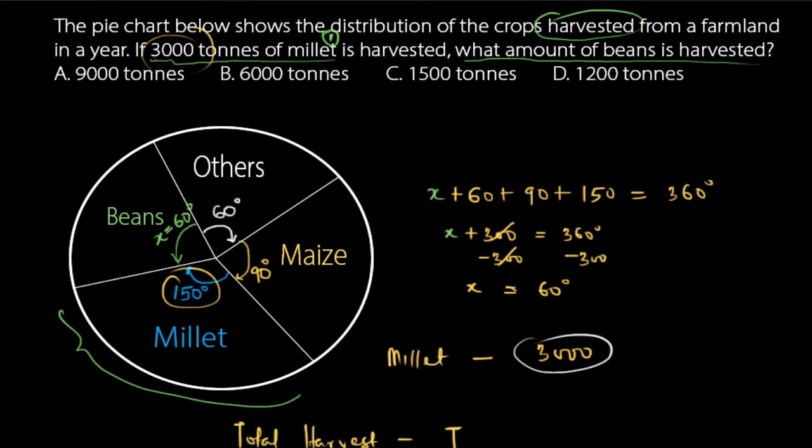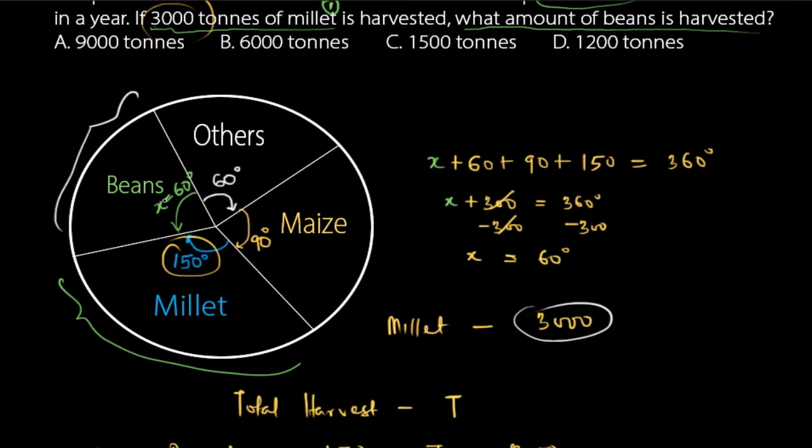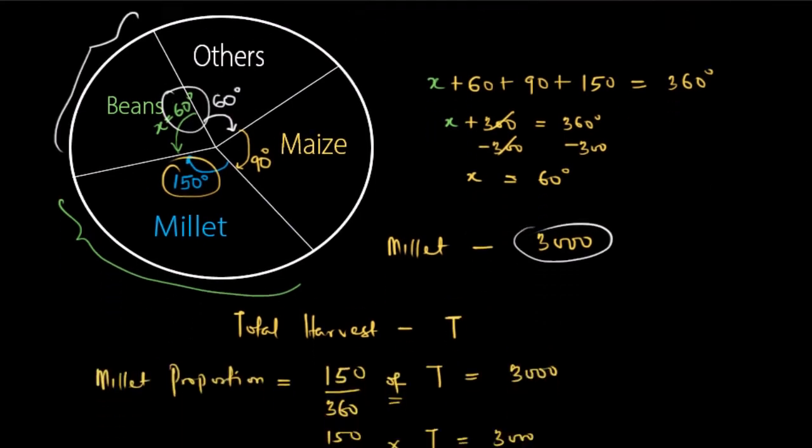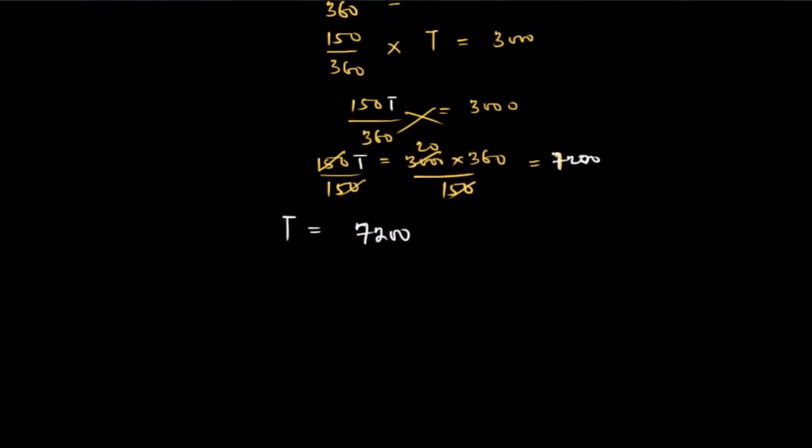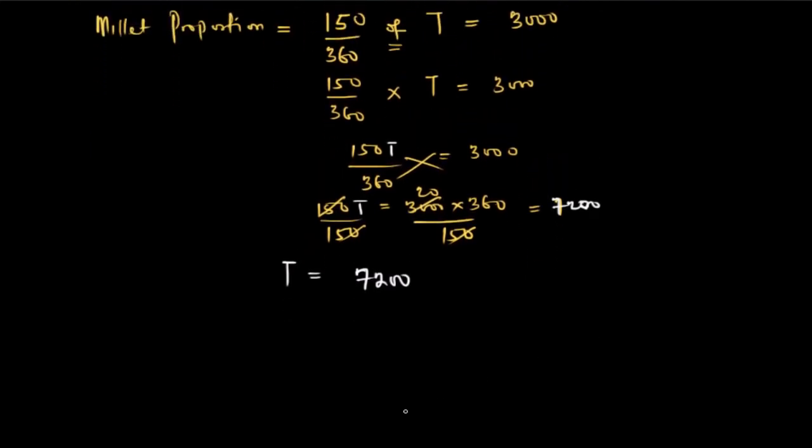Let's now go back to the question. It says, what amount of beans is harvested? So we need to know the proportion of beans in this circle based on the number of harvest. From the circle, in terms of degrees, the proportion of beans is 60 degrees out of 360 degrees. We use that to find the proportion of beans in terms of the harvest, not in terms of degrees.